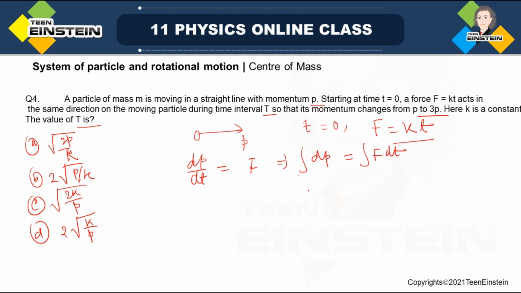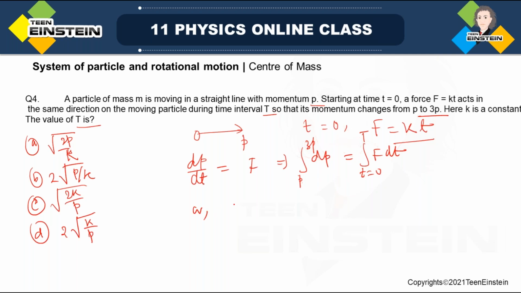When t is equal to 0, the momentum was p. When t is equal to capital T, the momentum is 3p. So t goes from 0 to capital T, and p goes from p to 3p. This is the limit. Now we just do the integration.